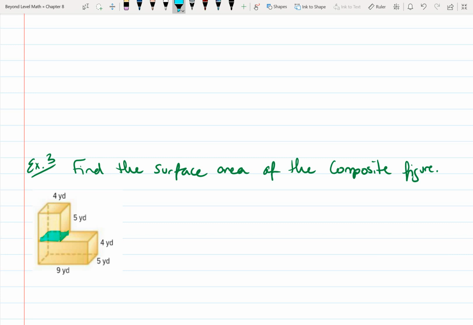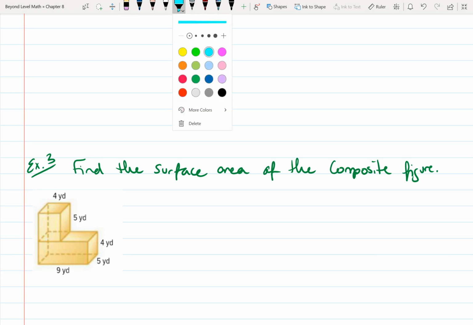However, the overlapping portion is not just on the bottom of this top figure, there's also a portion of it that needs to be taken away from the bottom figure. So it's like this area times 2, because the bottom of the top figure and the top of the bottom figure are touching, so we need to subtract that from both.